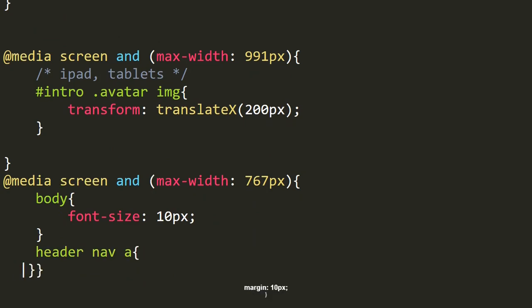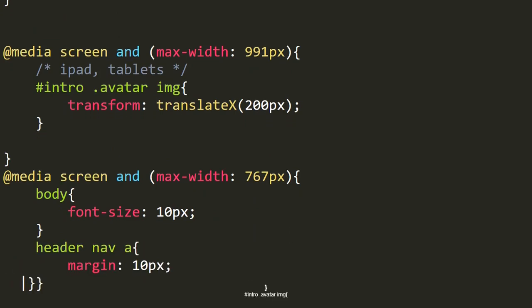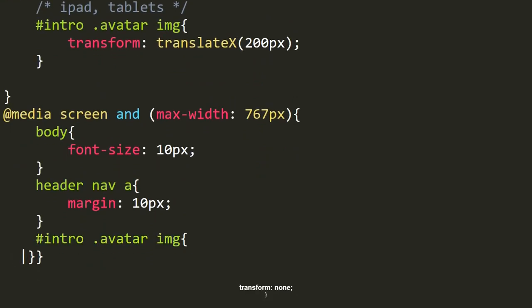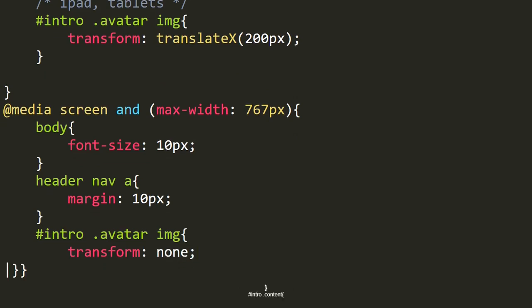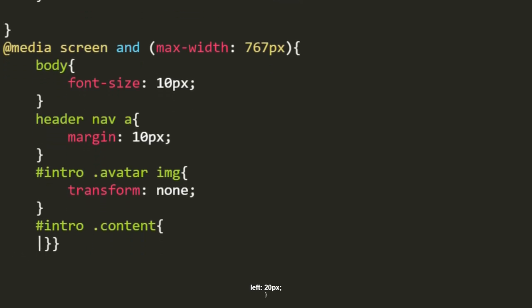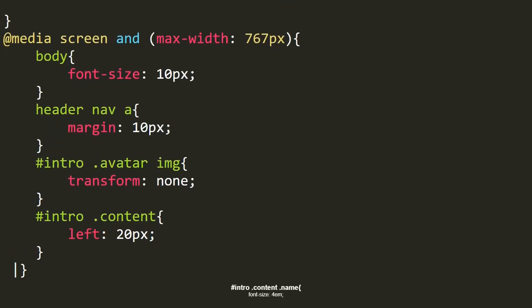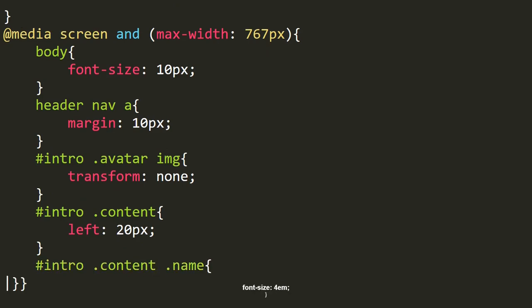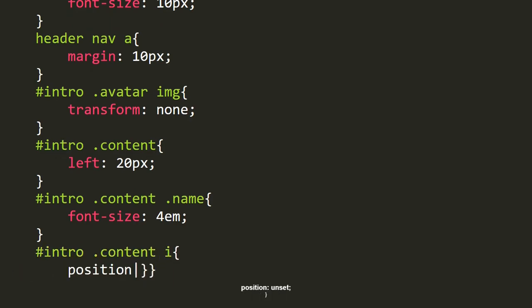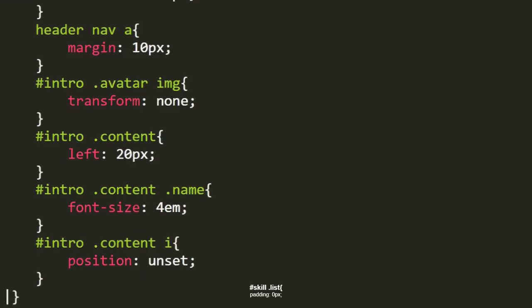Header nav a: margin 10px. intro .avatar img: transform none. intro .content: left 20px. intro .content .name: font size. intro .content i: position unset.